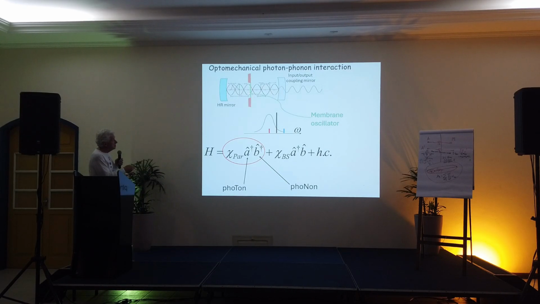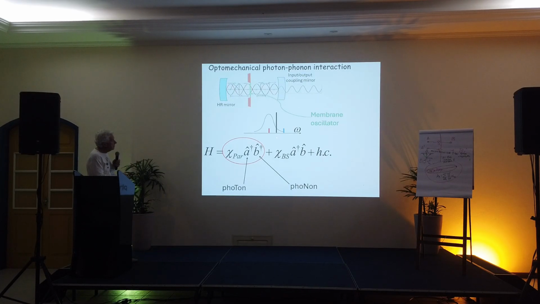Then, because you have a piece of dielectric which is moving, it's like a modulator. It creates sidebands of this laser at the plus and minus frequency of the oscillation. It's like an acoustic modulator in some sense.